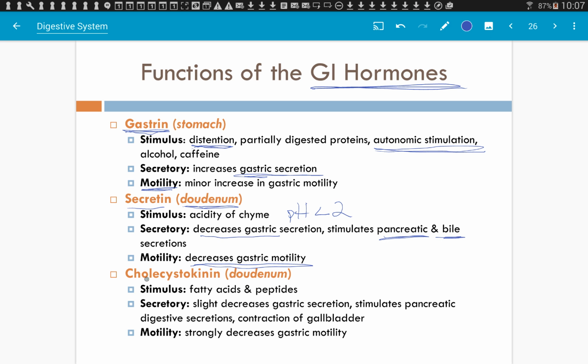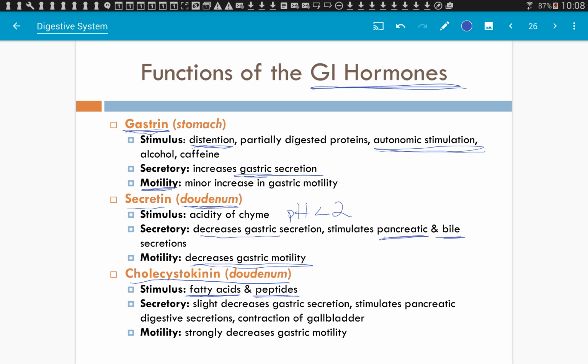Then we have cholecystokinin, which is also from the duodenum. This is important for breaking down fatty acids and peptides. So peptides are proteins, okay? And let's see.